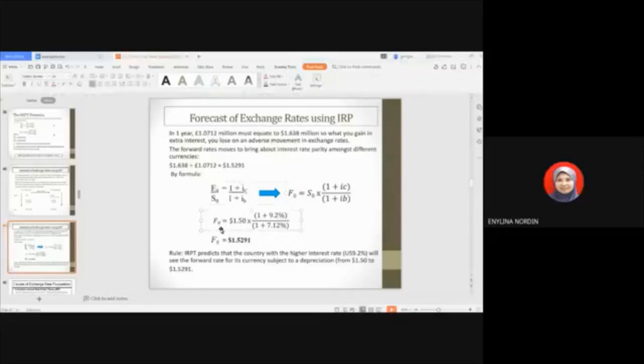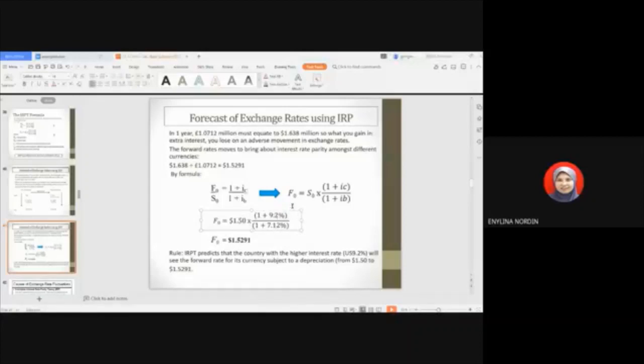So F0 equals $1.50 times 1 plus 9.2% divided by 1 plus 7.12%. So what is 9.2%?